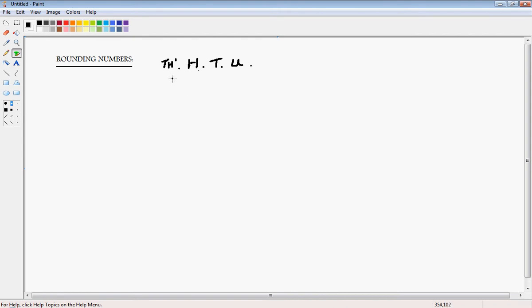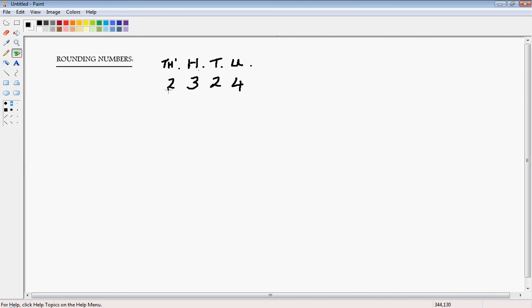Now if we look at number placement, okay, now if you remember when you were little, if we wrote, let's say we've got 2324. Okay, so here we have 4 units, 2 tens, 3 hundreds and 2 thousands.